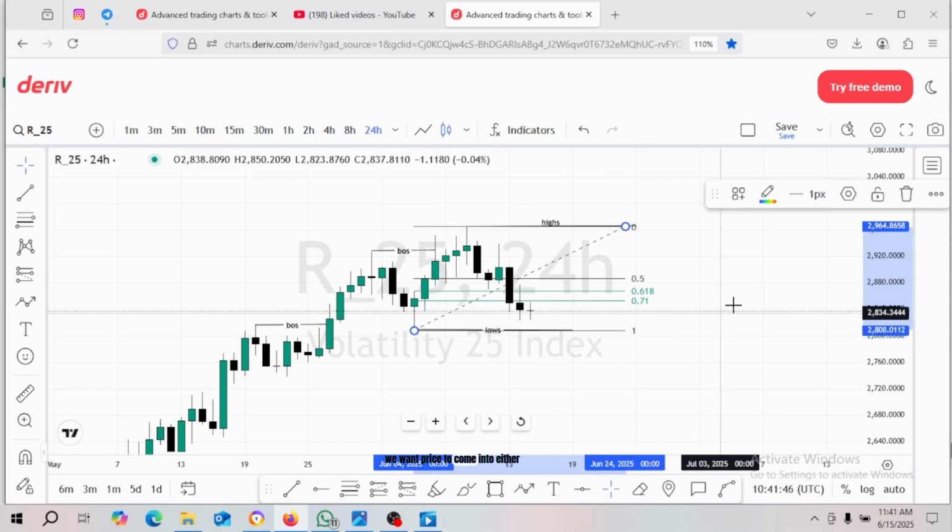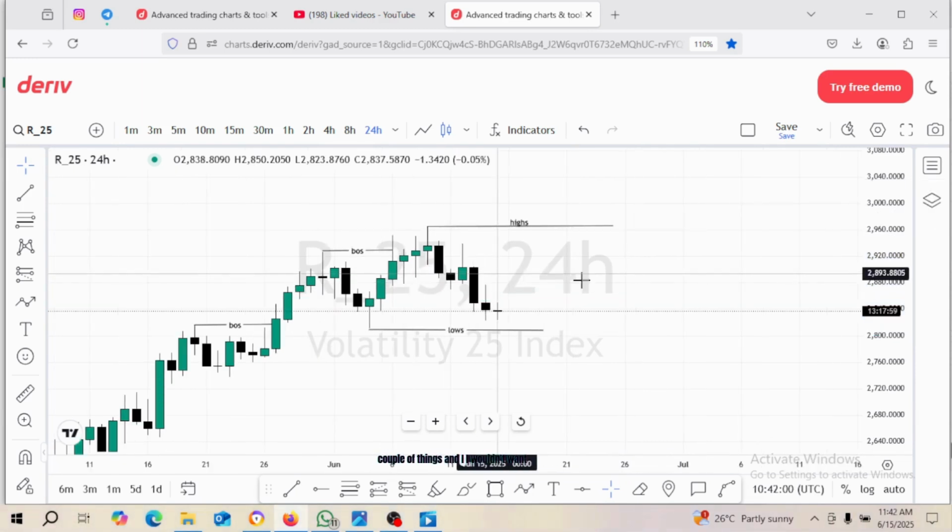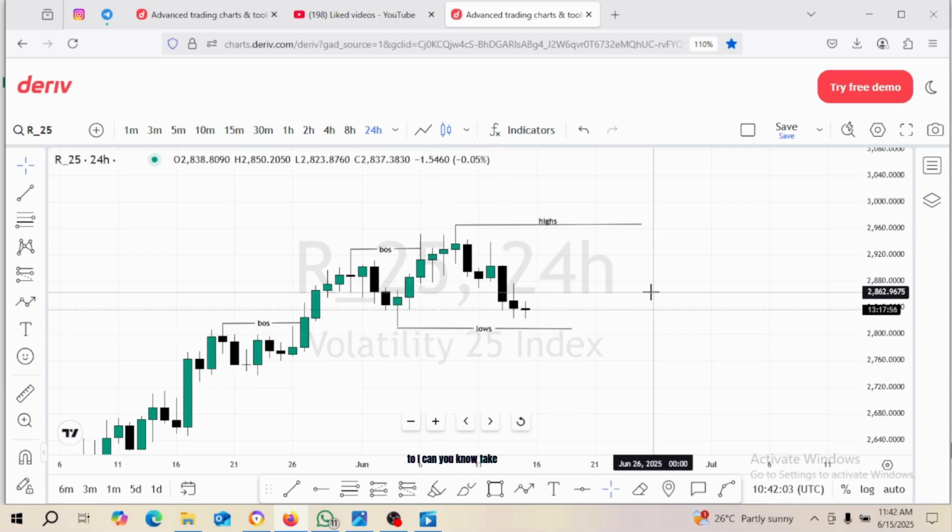Now we want price to come into either the 0.618 or the 0.71. So that was my anticipation. But if I should wait for price, I would wait for a couple of days, and I wouldn't want to. I can take advantage of the pullback.